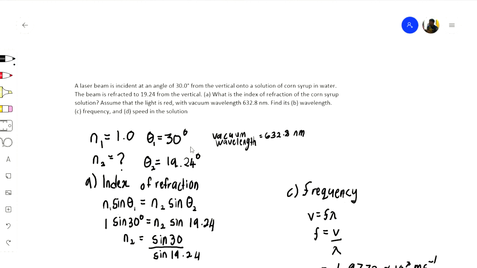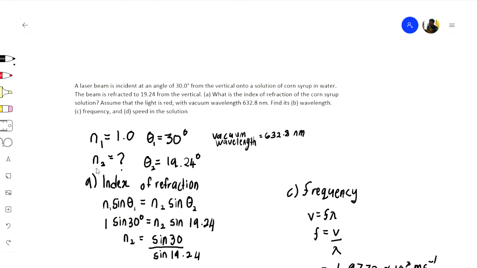So firstly, we have to analyze all the important information that has been given. For A, we have the index of refraction of air, which is 1.0. Then we have the incident angle, 30 degrees from the vertical.